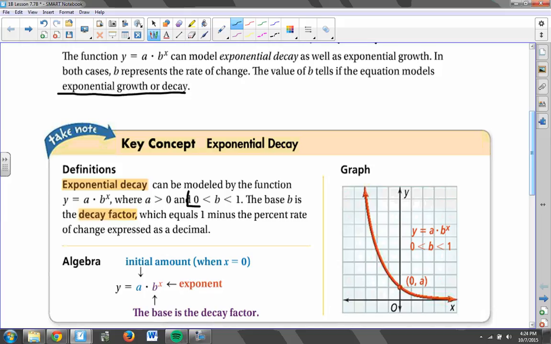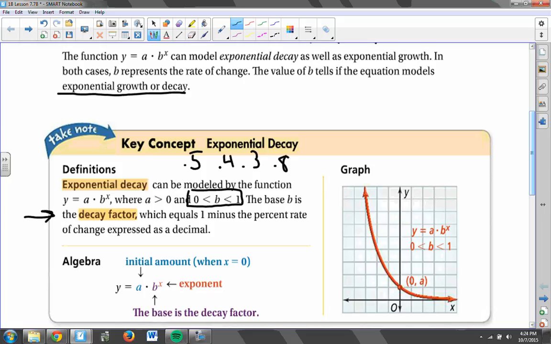So our B value needs to be between 0 and 1. So it could be things like 0.5, 0.4, 0.3, or even 0.8, anything like that. Decimal between 0 and 1. And now we're going to call that our decay factor.